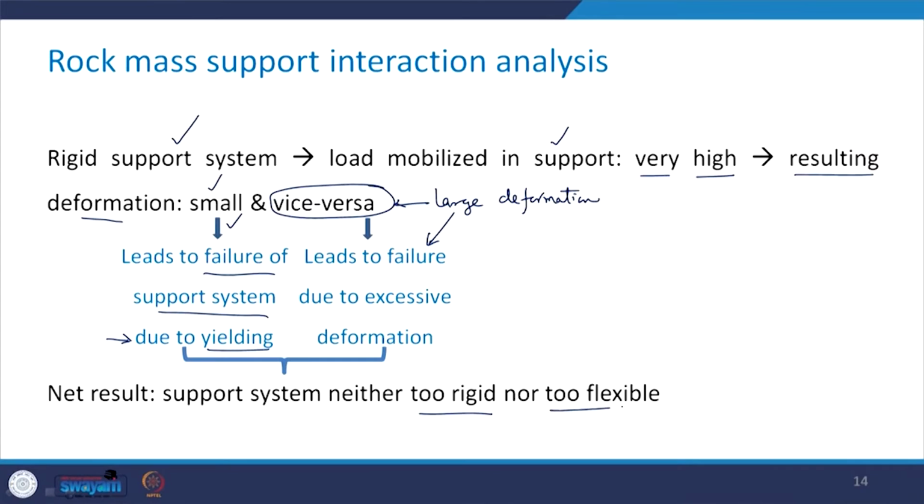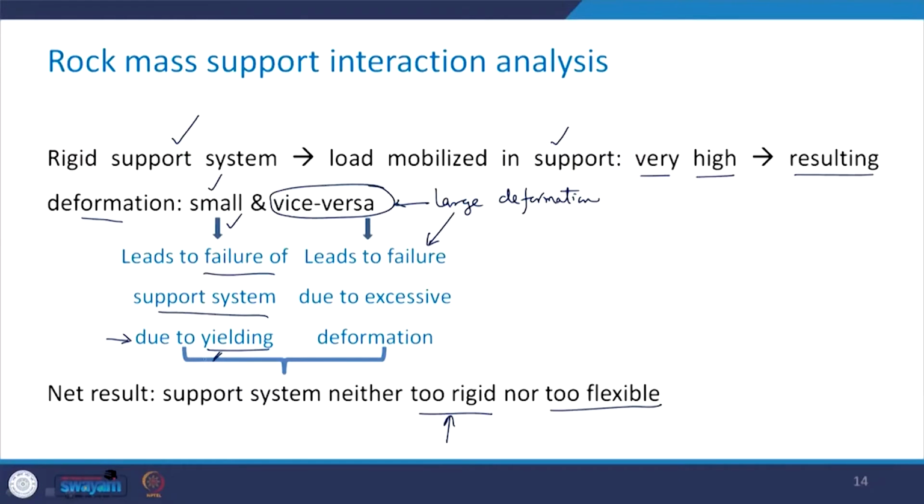So, the net result we get from here is that the support system should neither be too rigid nor too flexible. If it is too rigid, first thing is it will be highly uneconomical, and the failure will be because of the yielding of the support system.